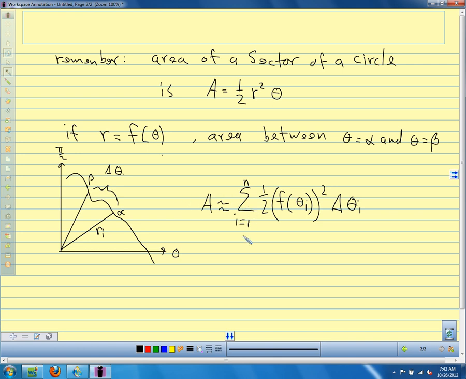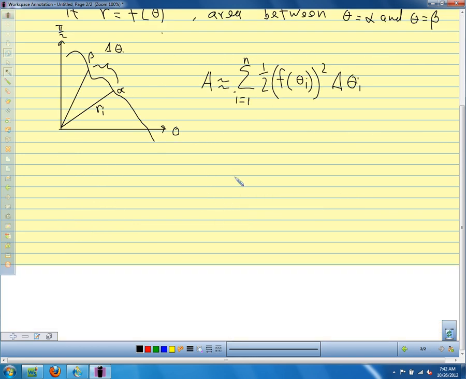If we take the limit as delta theta gets very, very small, so we're looking at really, really tiny sectors, we get an integral. So in the limit, as delta theta gets smaller and smaller, our area is 1/2 the integral from alpha to beta of f of theta squared d theta.